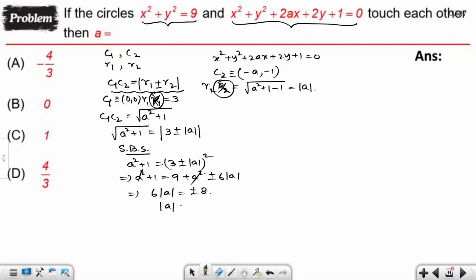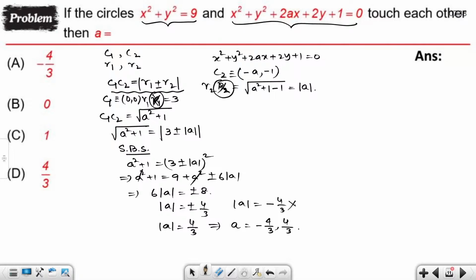So mod of A is coming to plus minus 4 over 3, right? But modulus of A cannot be equal to minus 4 by 3, so I am rejecting this value. So we only have mod A equals 4 over 3. That implies A will take the value minus 4 over 3 or 4 over 3.